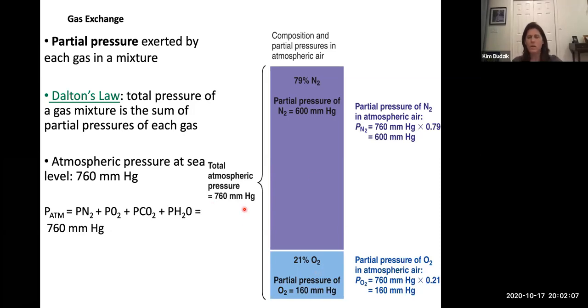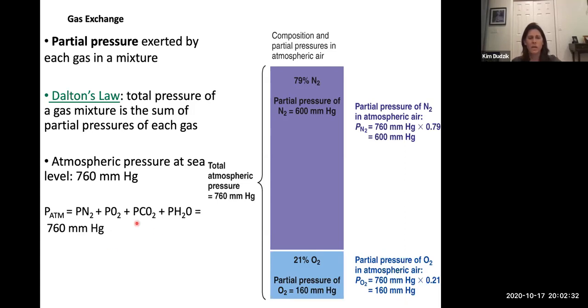We're at sea level, and we're going to assume in most of our calculations here that we're at sea level. Oxygen is 21% of the 760, so we take 760, multiply that by 0.21, and that tells us that the partial pressure of oxygen is 160 millimeters of mercury.